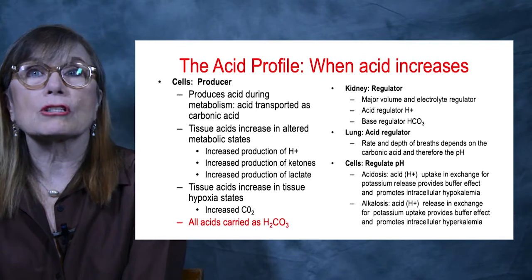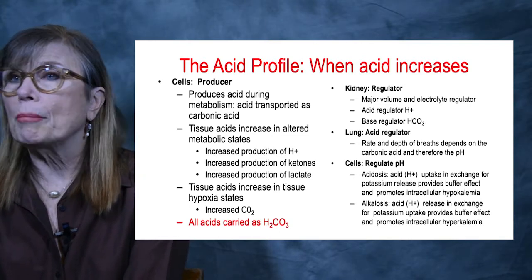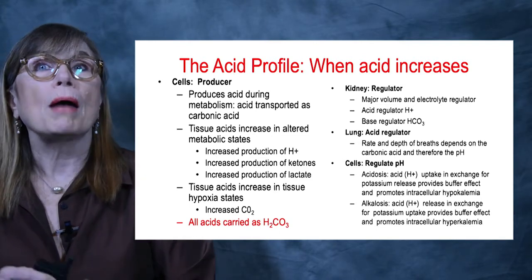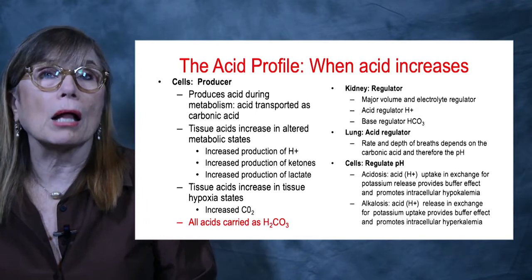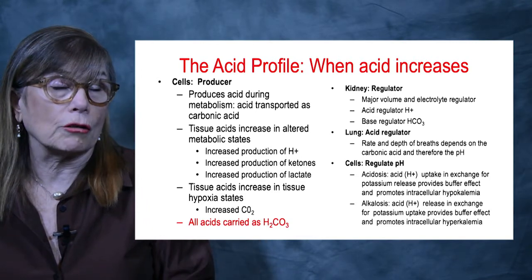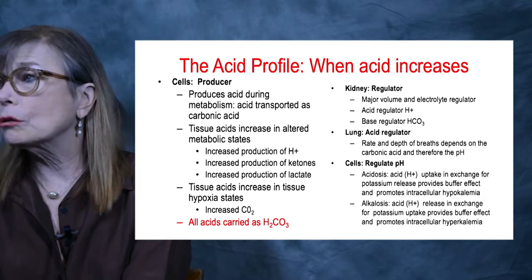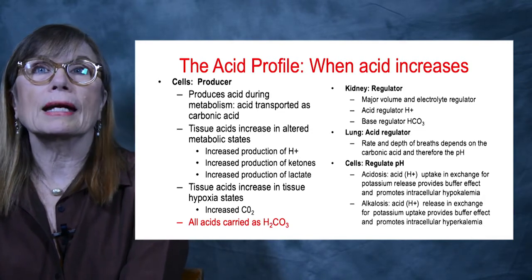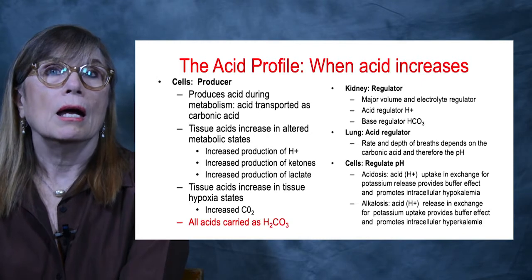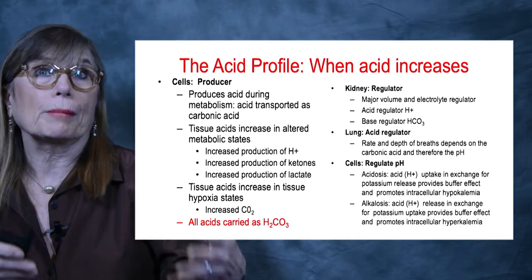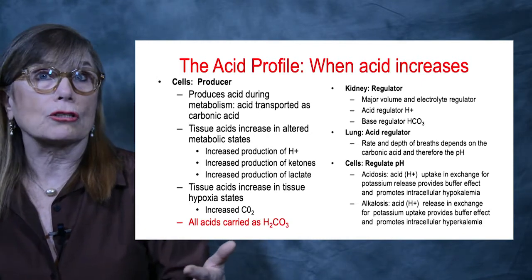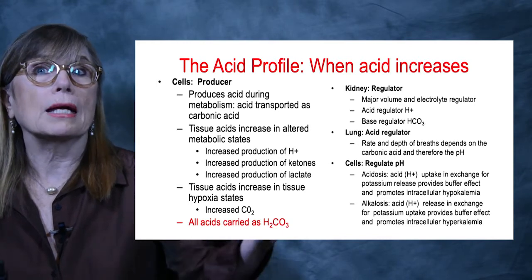We see that in patients who are ketotic. We see it in patients who are hypoperfused. Patients who have hypermetabolic disorders at the cellular level, which is almost everyone who's critically ill. And then we also see the tissue acids that increase in tissue hypoxia. And that means anaerobic metabolism. And that production tends to be more carbon dioxide.